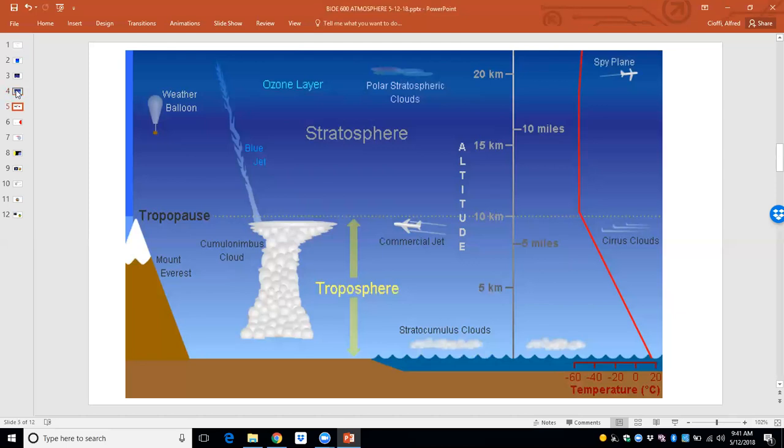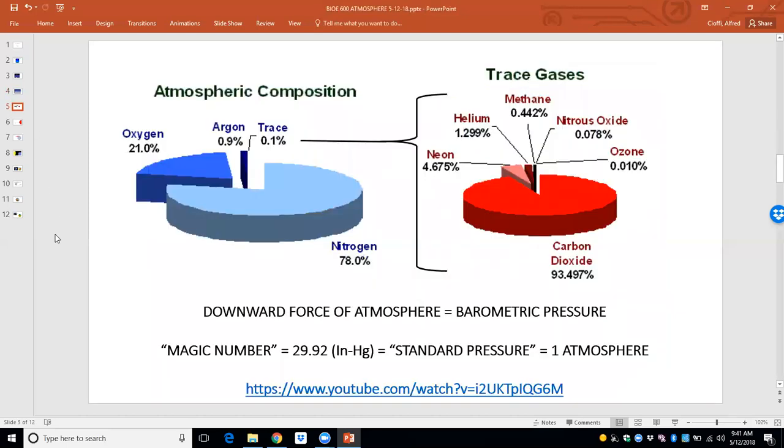Okay, let's look at the composition of the atmosphere in the troposphere. All right, in the troposphere, very important to say what layer we're at. The one that interests us for life is the troposphere. This is the atmospheric composition. We're building up a case for why the air is layered.